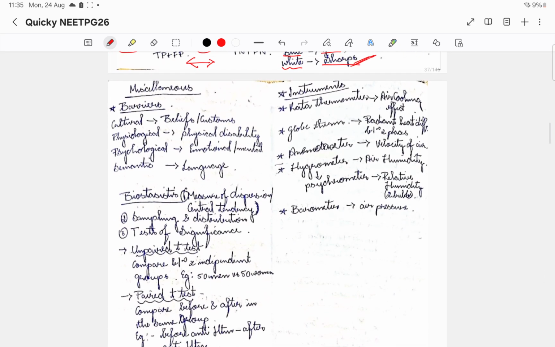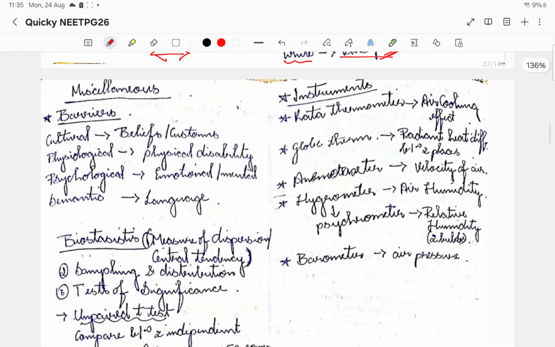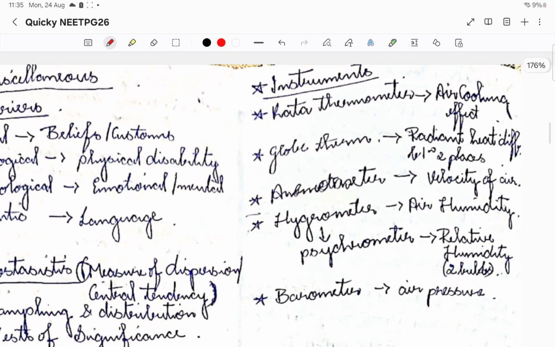Then the other thing for environmental study is the thermometers and instruments of measurement. The first is the kata thermometer, which tells the air cooling effect. For example, if an AC is there and we are trying to test its cooling effect, we'll use the kata thermometer. For the globe thermometer, please go and see all the images of this.